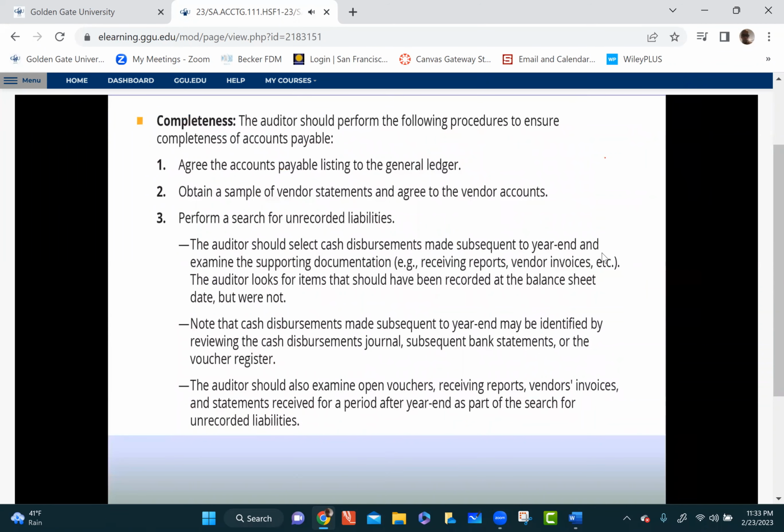Okay, good. So we looked at our various internal controls, and now we're going to start to look at our substantive procedures. Notice we're going to line up our substantive procedures with the assertions. Why do you think I'm starting with completeness?